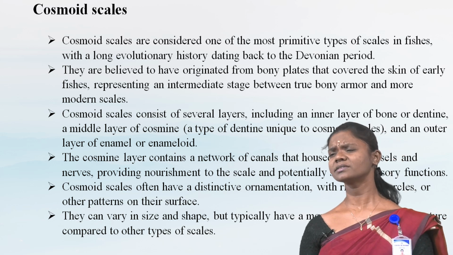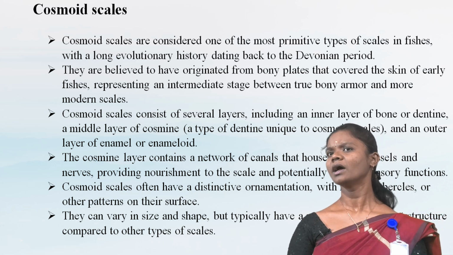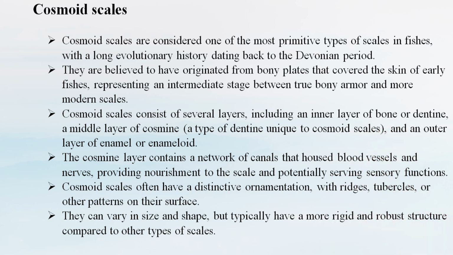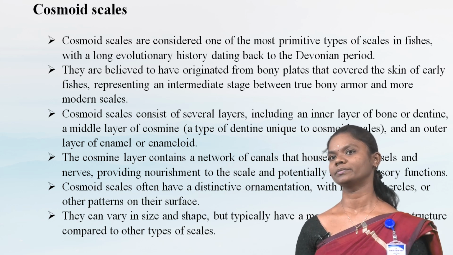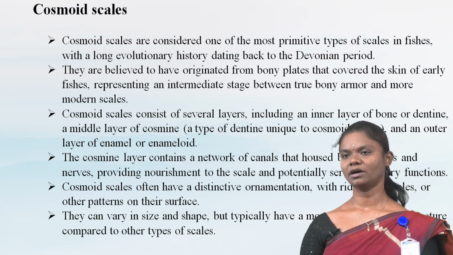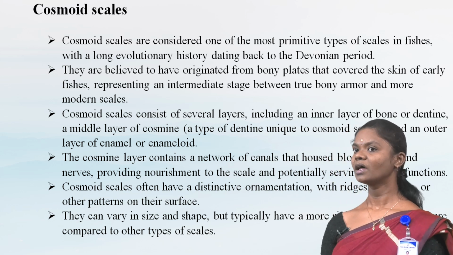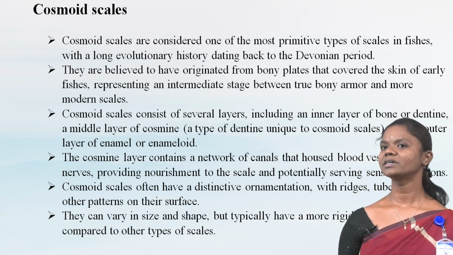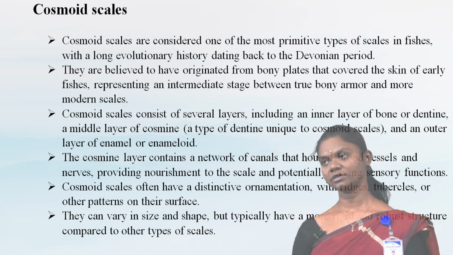So a cosmoid scale consists of several layers, including an inner layer of bone and dentin, a middle layer of cosmine, a type of dentin unique to cosmoid scales, and an outer layer of enamel or enameloid, and the cosmine layer containing a network of canals that house blood vessels and nerves, providing nourishment to the scales and potentially serving sensory functions.